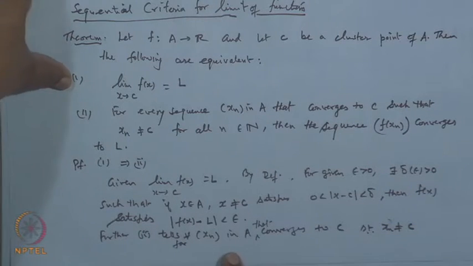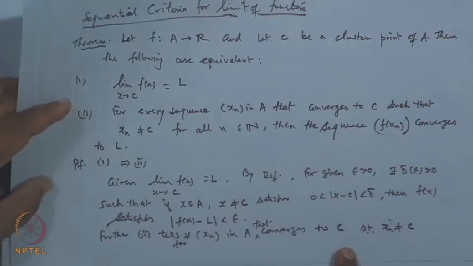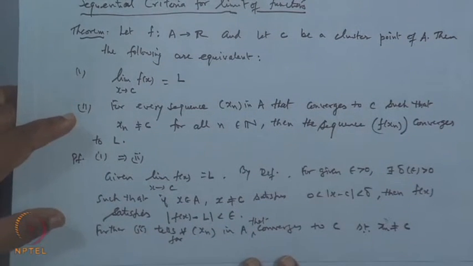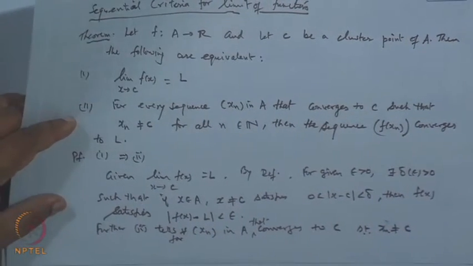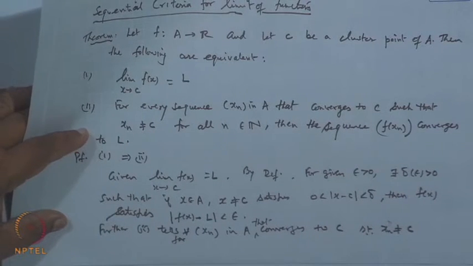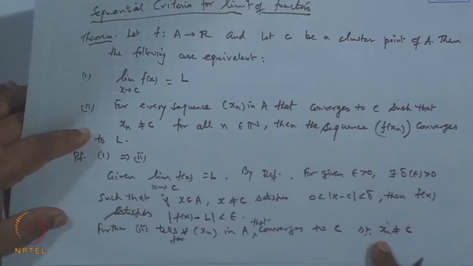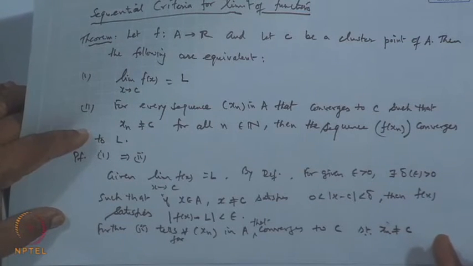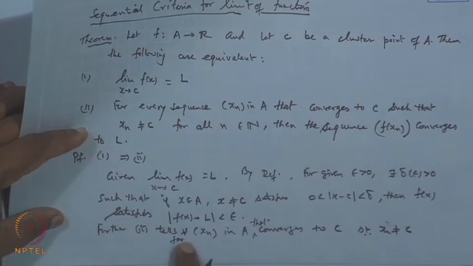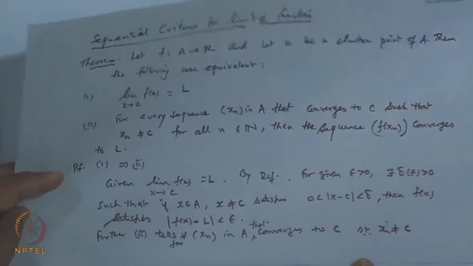So, when x n converges to C, it means for a given small number, say I take delta, for a given delta we can identify a capital K such that when n is greater than or equal to K, then the difference of x n minus C will remain less than delta.